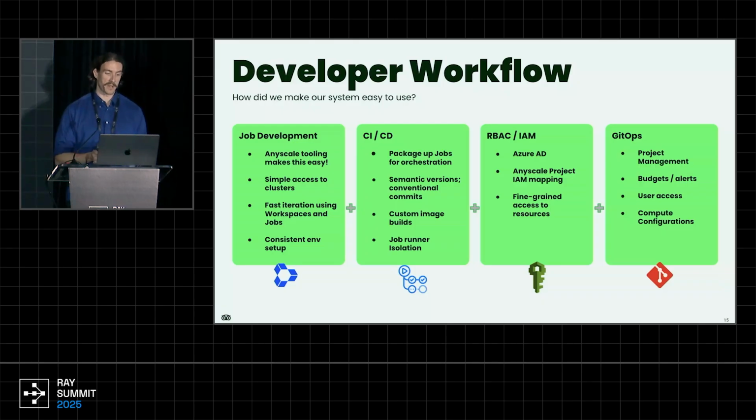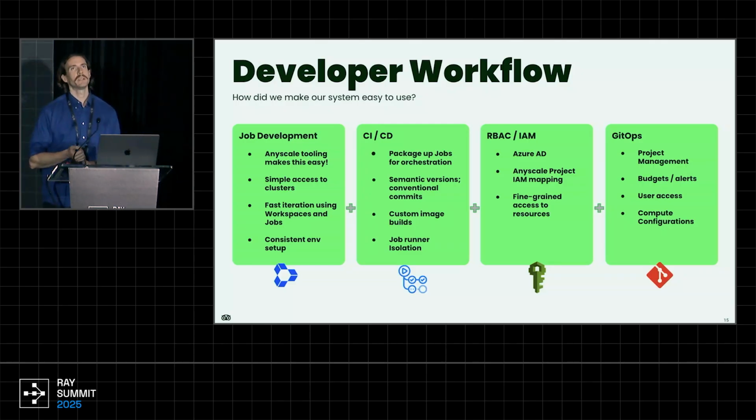We use semantic versions and conventional commits for automated release notes. We have custom image builds to package up our dependencies. We also have isolated job runners to deploy our jobs. For role-based access control, we have Azure Active Directory, which syncs to our projects as well as the Anyscale project IAM mapping that I spoke about.